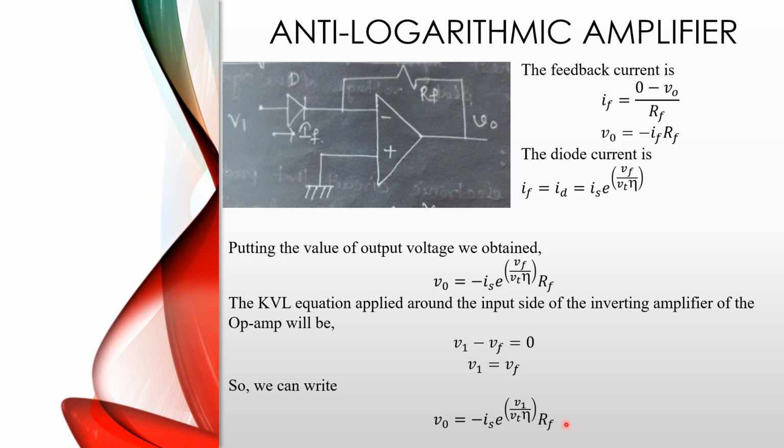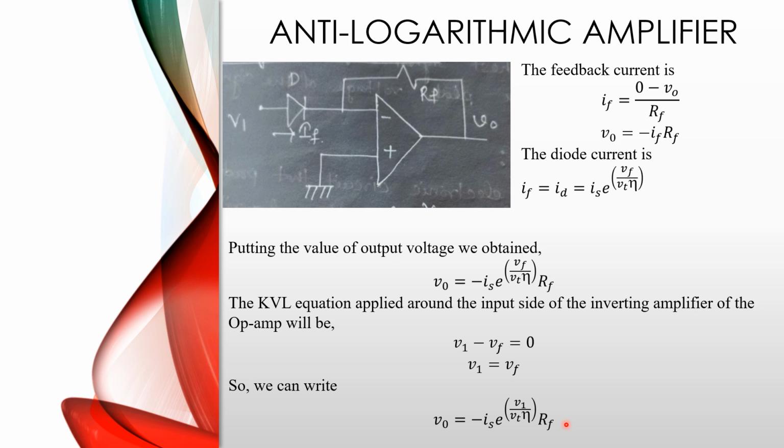First of all, we have to consider the feedback current. Then we have to consider the diode current. When we get the diode current and the feedback current, from the feedback current we get the output voltage. In this equation, that means V0 equal to minus IFRF, we have to put the diode equation value. Then we have to consider one KVL equation around the input side of the inverting amplifier of the op-amp. We get V1 equal to Vf.